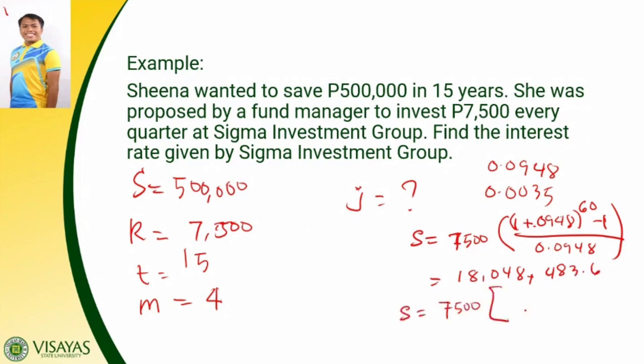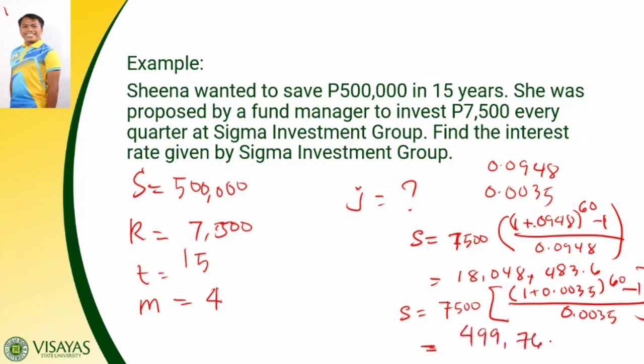If we use the other one, 7,500 times 1 plus 0.0035 raised to 60 minus 1 over 0.0035. Calculator, please. I guess this is approximately equal to 499,769.62.